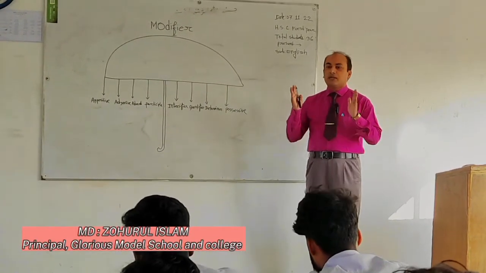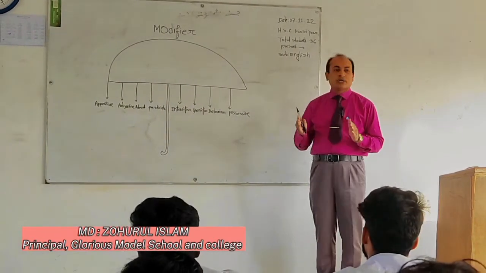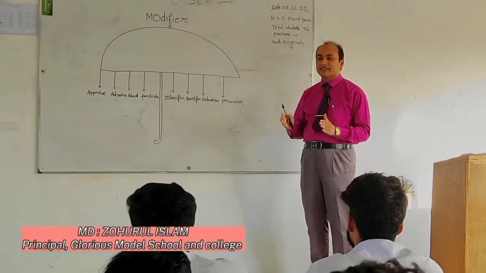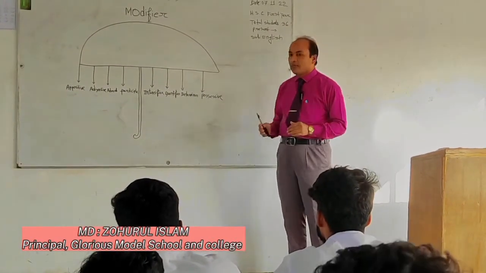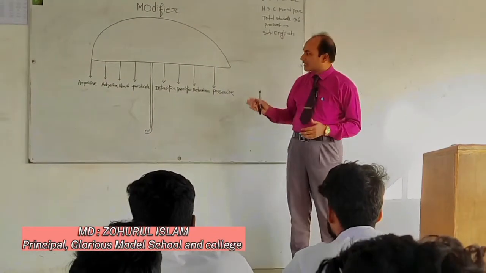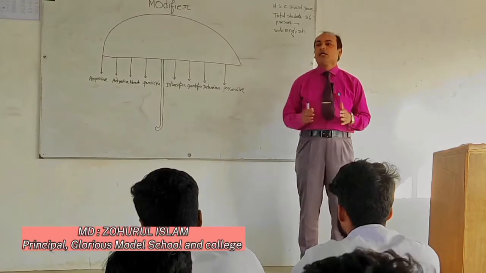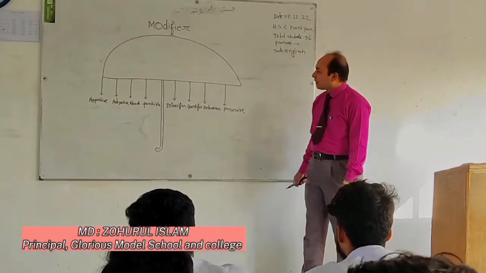I mean how we can use modifier in a sentence very carefully and properly. Today we will discuss them specifically, and we will discuss them very carefully so that you can do better in modifier when the exam will come.